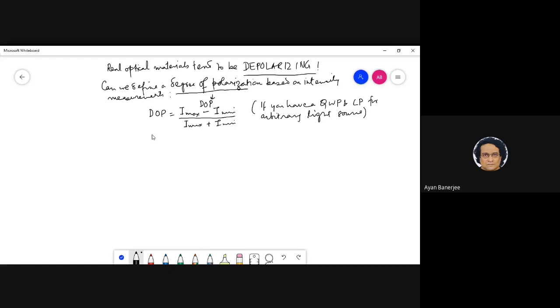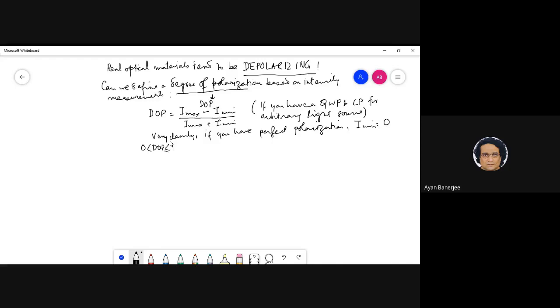If you have perfect polarization, what is your I min? Zero. Right? So very clearly your DOP will lie between these. It has to be a positive quantity and it has to be between 0 and 1.